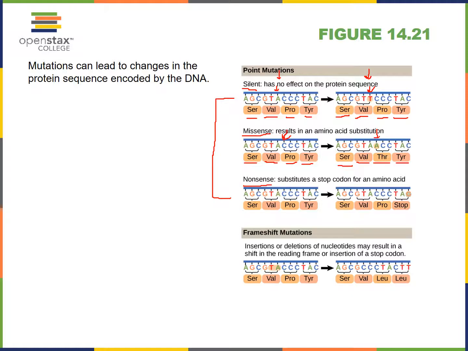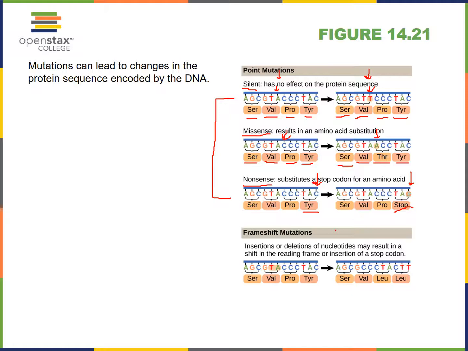A nonsense mutation is a point mutation. They have changed this C to a G. And what a nonsense mutation does is, due to the point mutation, instead of coding for an amino acid like tyrosine, you encode for a stop codon.